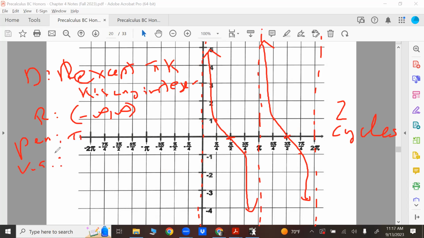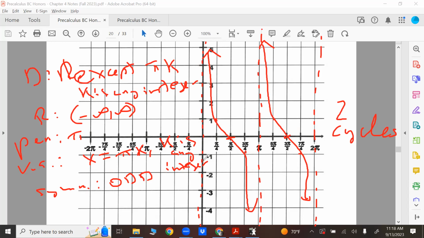The vertical asymptote is x equals pi k. The symmetry is odd, right? Oh, and you have to say k is an integer. Okay, we're good?